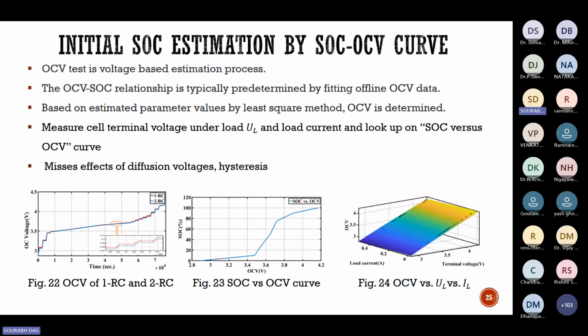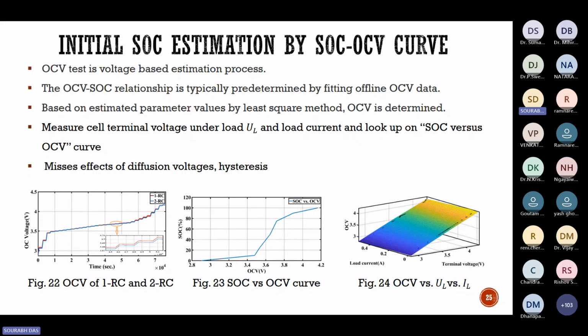Diffusion voltage, we have discussed in the polarization slide. So this method ignores the diffusion voltage caused by the electron concentration gradient within the battery, which can affect the accuracy of the SOC estimation process.